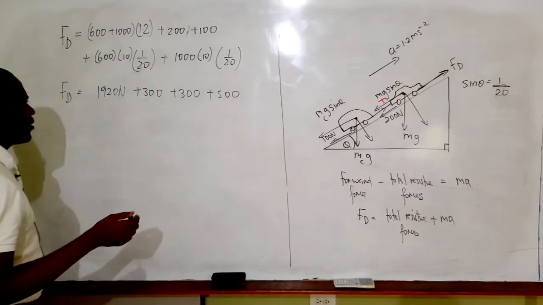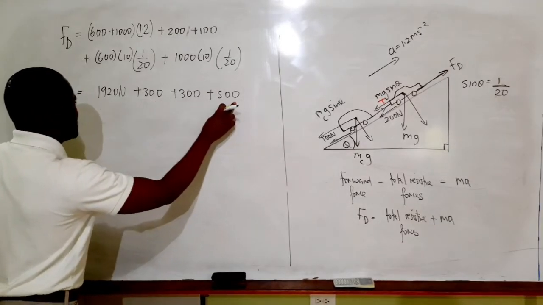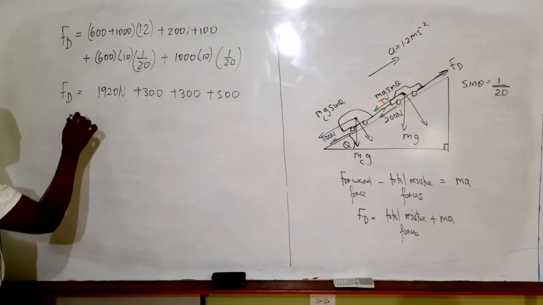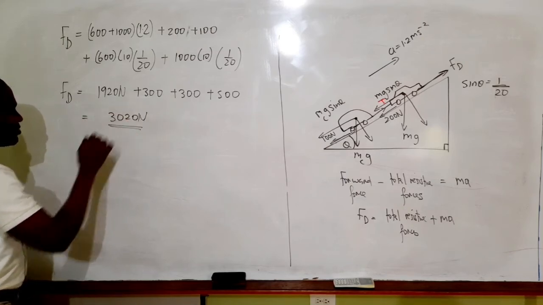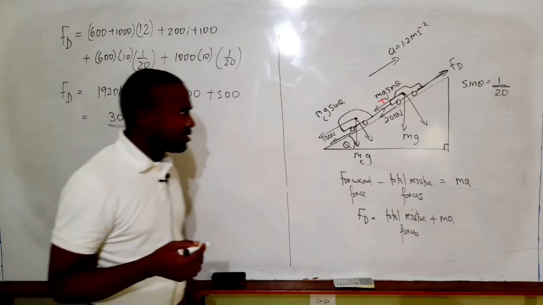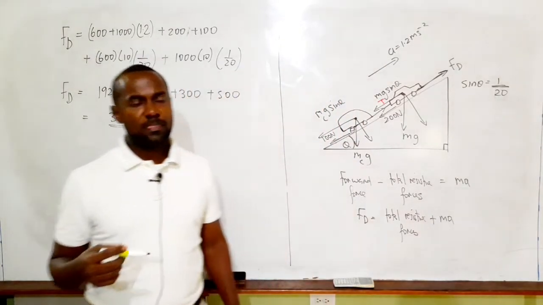And when you add that all up, 300 plus 200, 600 plus 500, 1,100, and so this gives us 3,020 newtons. So the driving force acting on the car is 3,020 newtons.